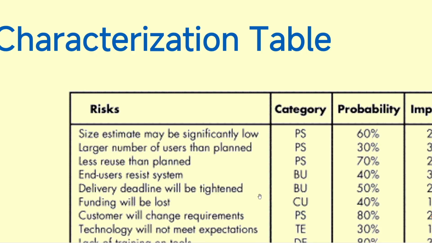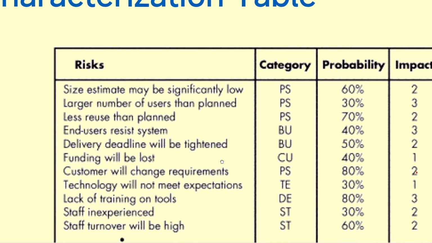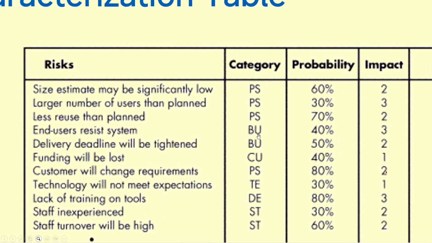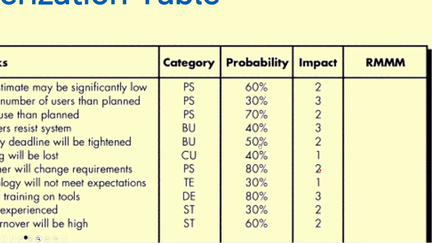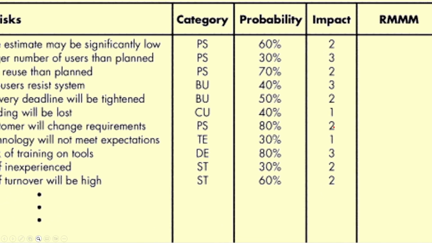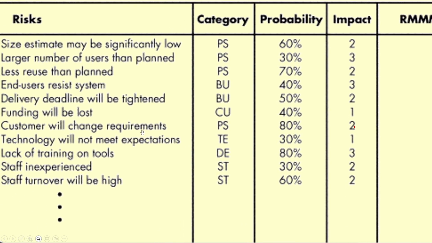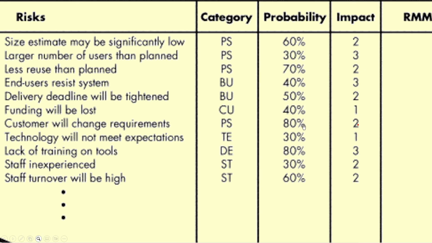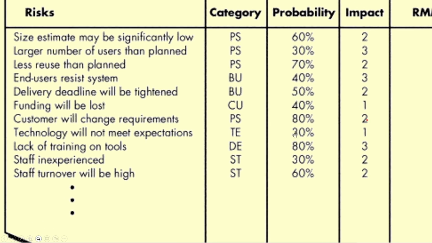So, here we will look into the characterization table. Here the risks are listed, followed by the category, probability, impact and the risk monitoring and mitigation strategy that we have to take. Okay. So, if you consider the risks of customer change in requirements and lack of training on tools, both have a probability of 80, but the corresponding impacts are 2 and 3, right.